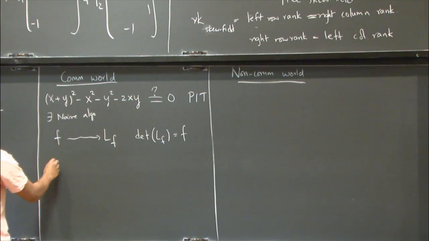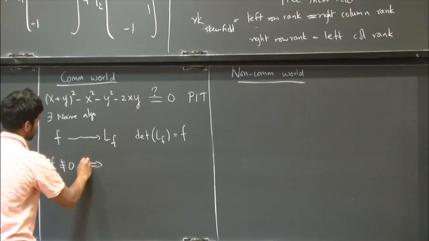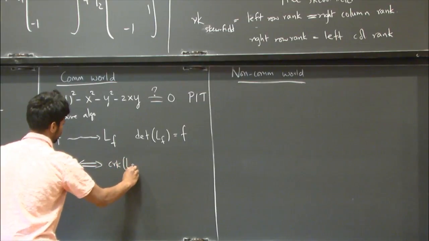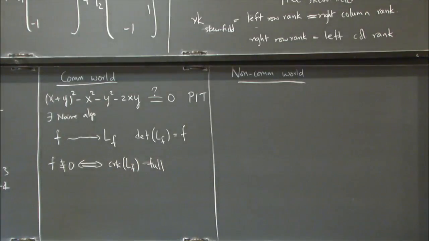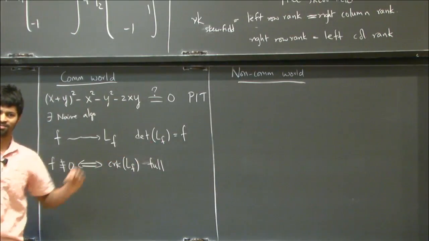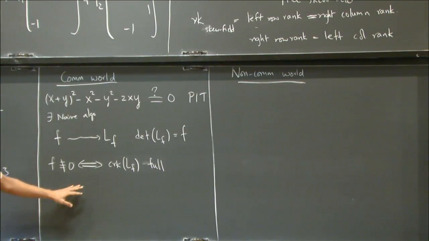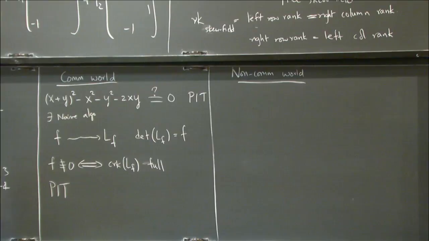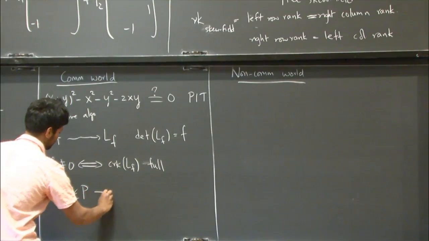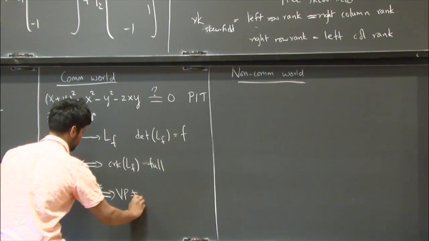Anyway, the point is, this polynomial is not the 0 polynomial if and only if the commutative rank of this matrix is full. That's what it means for the determinant to be non-zero. So the commutative rank of a linear matrix is a non-trivial problem. We somehow know that if you can give a polynomial time algorithm for PIT, then this would imply roughly that VP not equal to VNP.